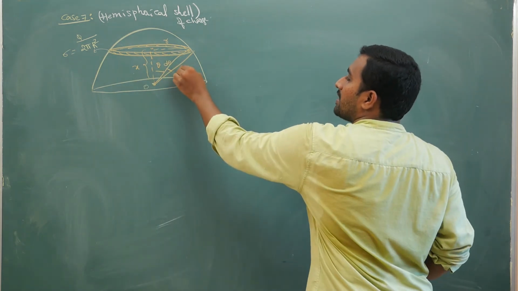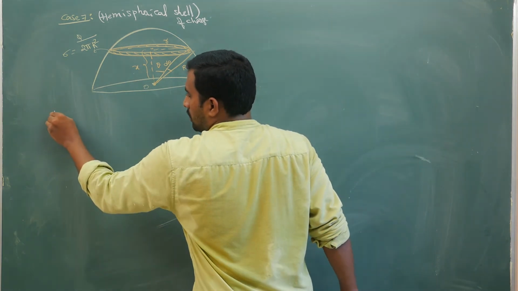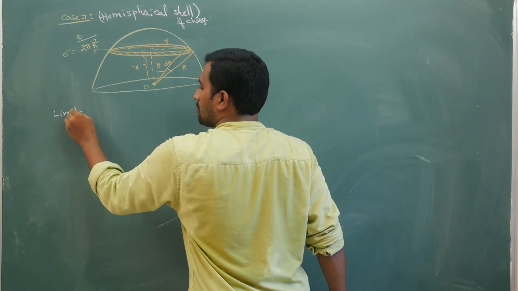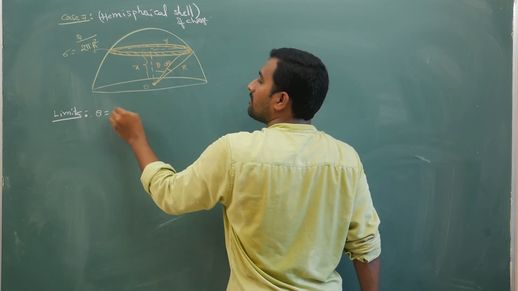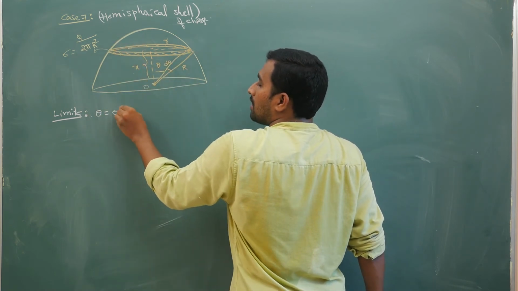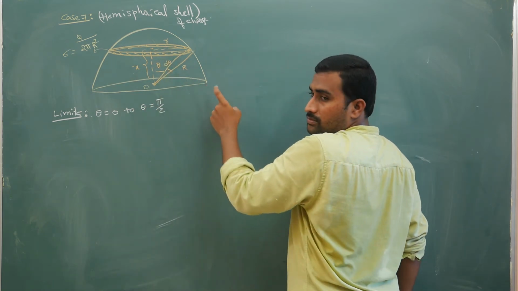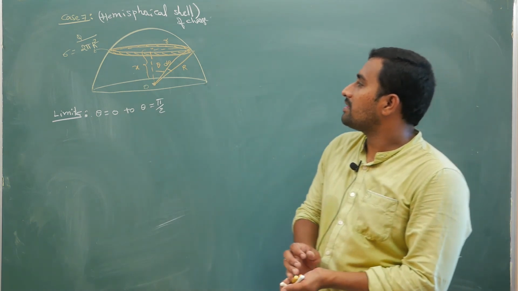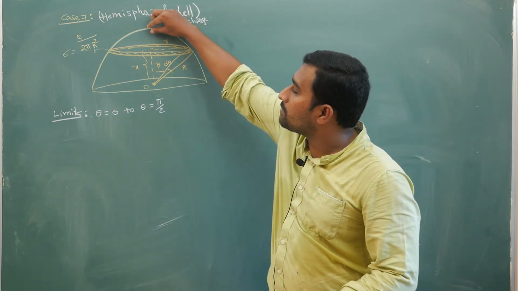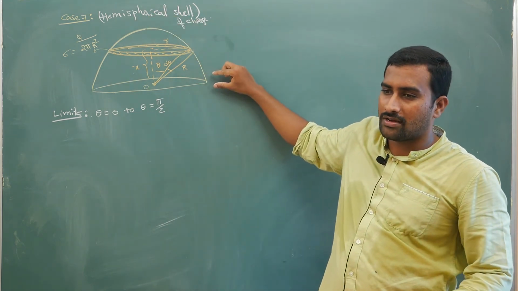Now if this radius is capital R, point number 1, your limits: when theta is equal to 0, your ring will be on the top, and when theta is equal to pi by 2 or 90 degrees, the ring comes to the bottom.